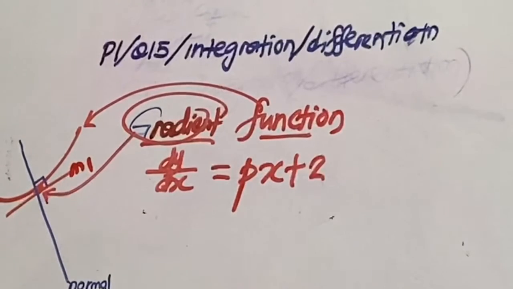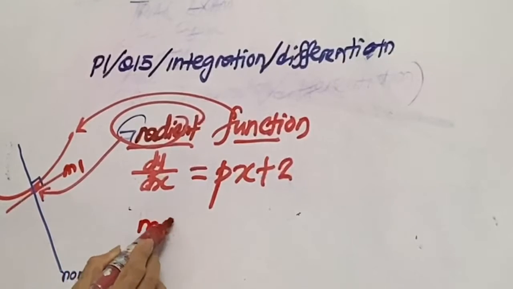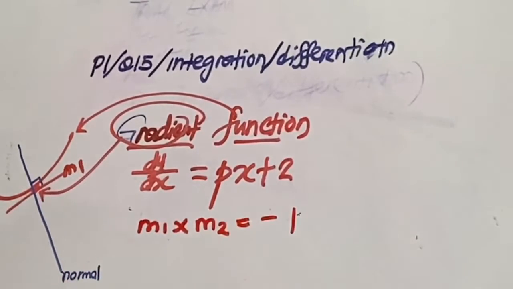When you see normal and tangent or gradient of the function given, your brain must appear this concept, m1 times m2 equal to negative 1. The moment you see normal or dy dx, m1, m2 is negative 1.